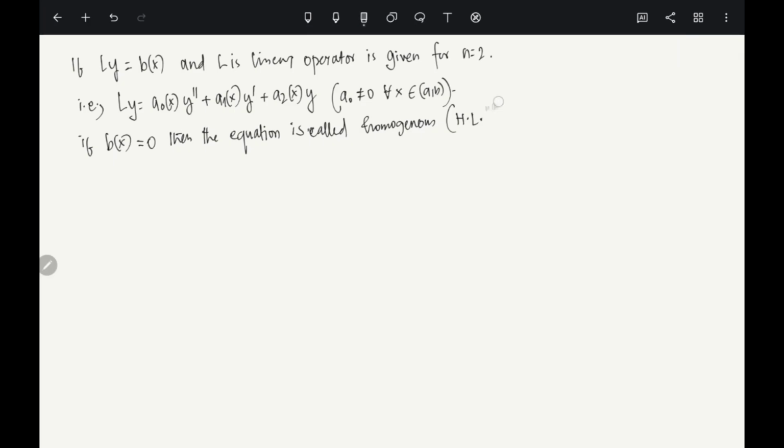The order is always given, you can always figure it out, it's not a big deal. So it is a homogeneous linear ODE. Clear? Now if b(x) is not equal to 0, then we are dealing with an inhomogeneous equation. Clear?